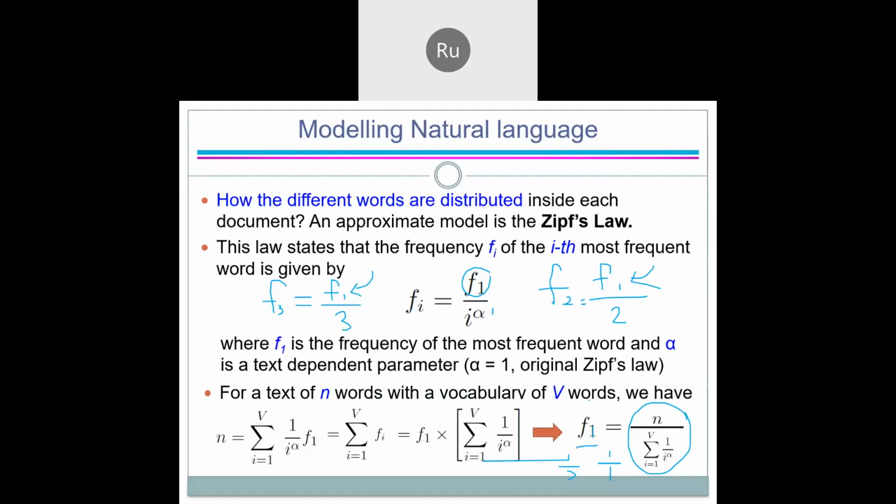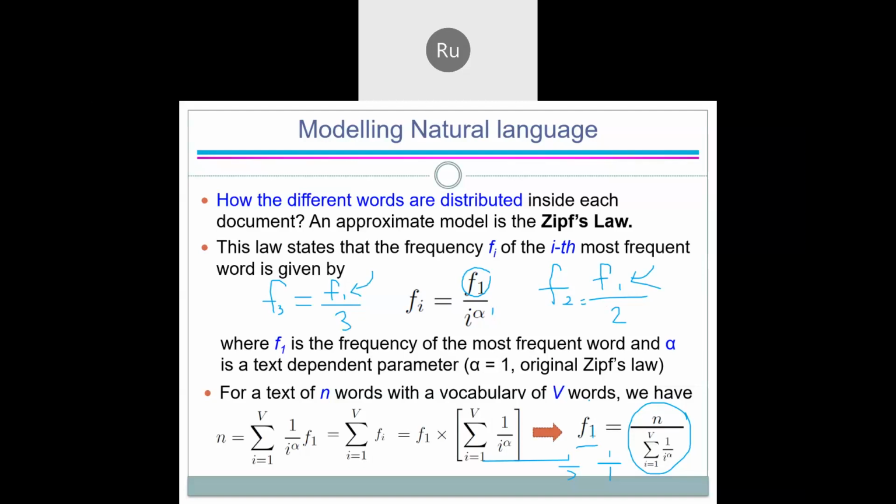So the summary is, assume that we have the most frequent term, which is F1. The second most frequent will be half of the first one. The third most frequent will be 1/3 of the first one.